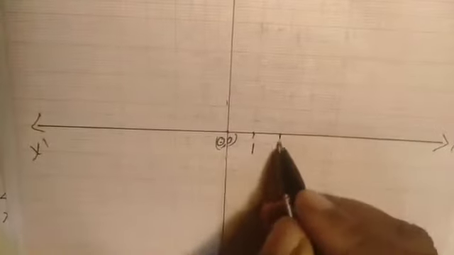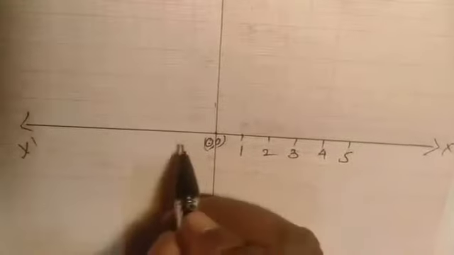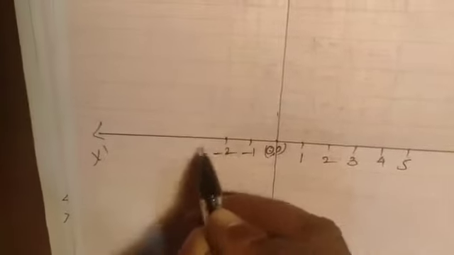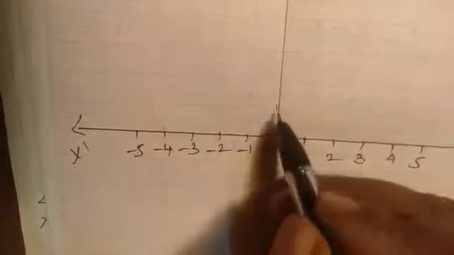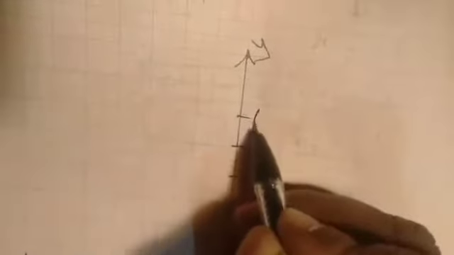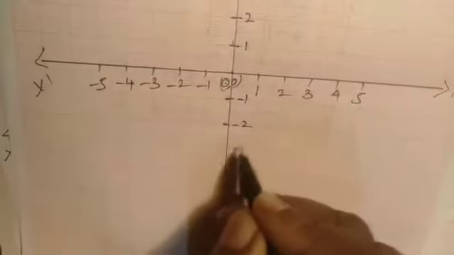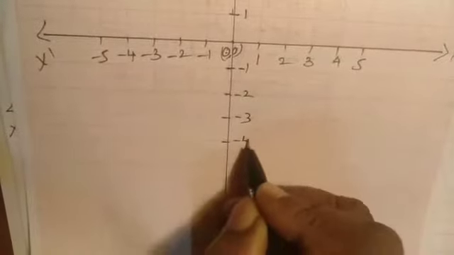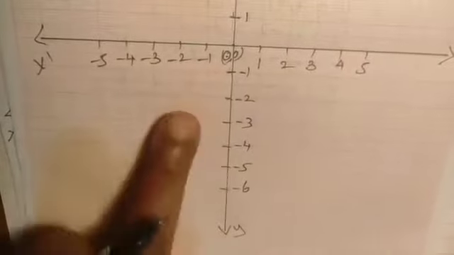Here positive 1, 2, 3, 4, 5. Here minus 1, minus 2, minus 3, minus 4, minus 5. Here positive 1 to positive 6 for y value, and minus 1 to minus 6 for the y axis negative values. Now we have to write the scale here.